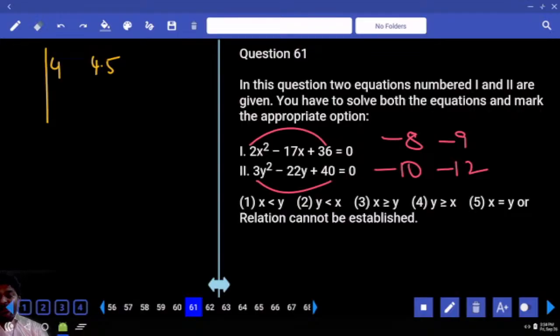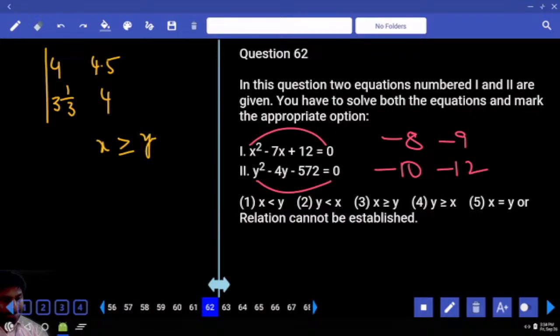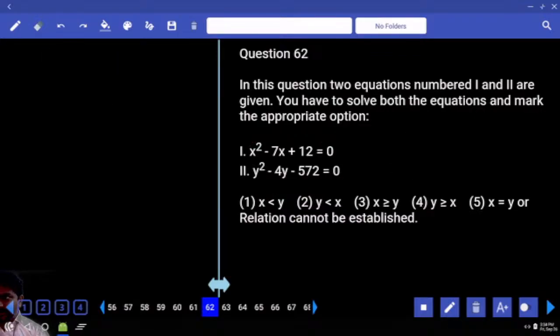Then factors are 10 by 3, 1 by 3, 12 by 3, 4. X is greater than or equal to Y. Product must be 12, sum must be minus 7. Minus 3, minus 4 is the combination. Then factors are plus 3, plus 4.